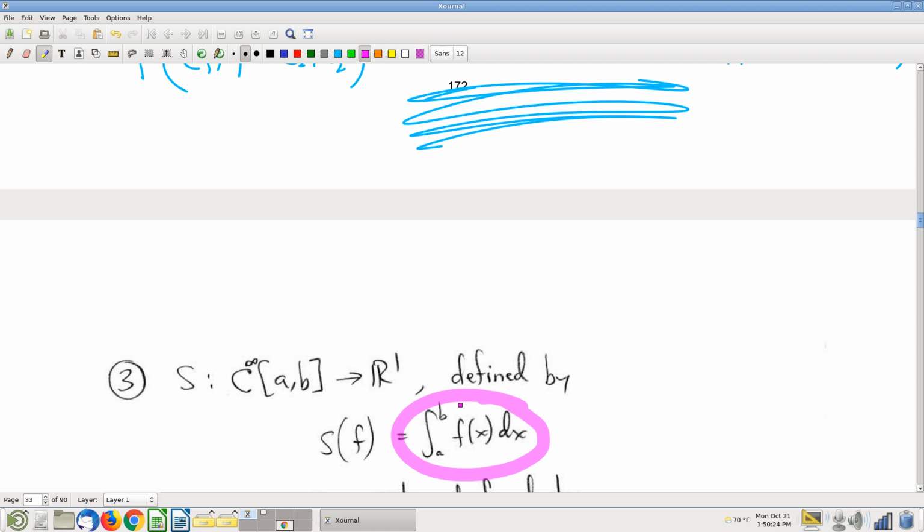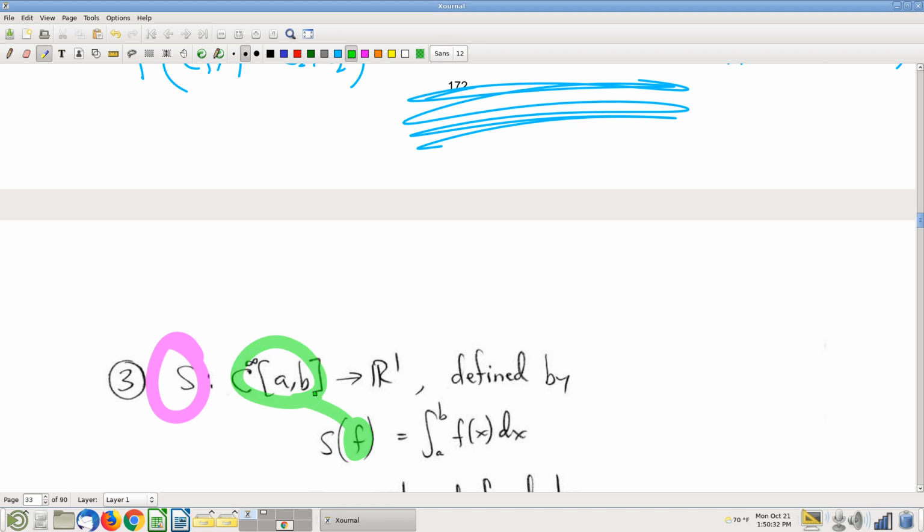That's not what we're saying at all. I'm saying that this action here, the act of taking a C infinity function and doing an integral of it, that process of integration on an interval from A to B, that's what we're saying is linear.